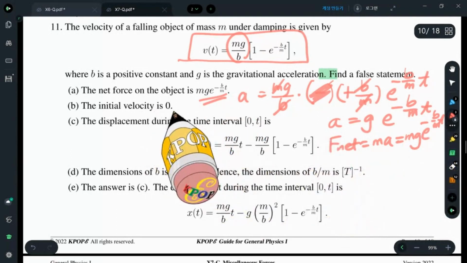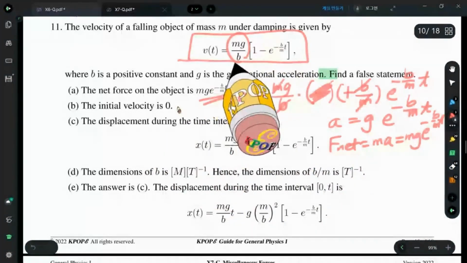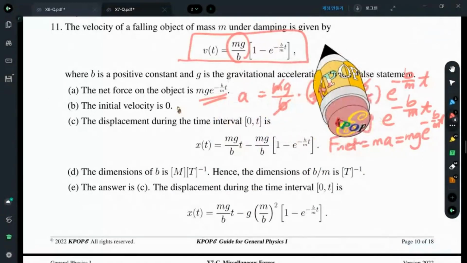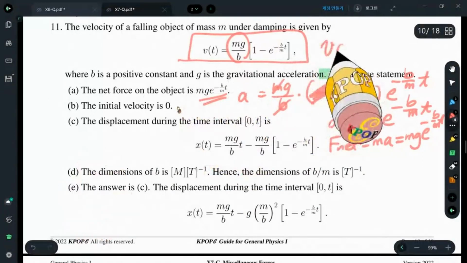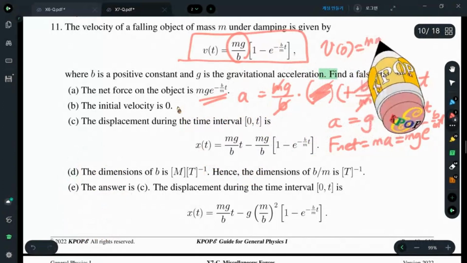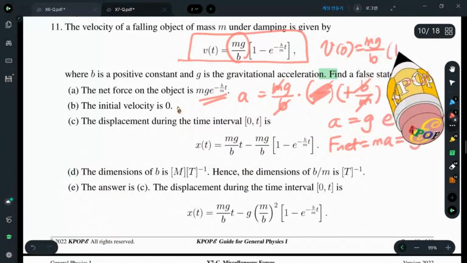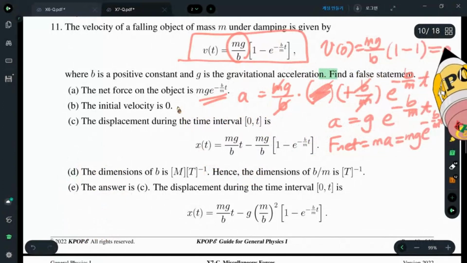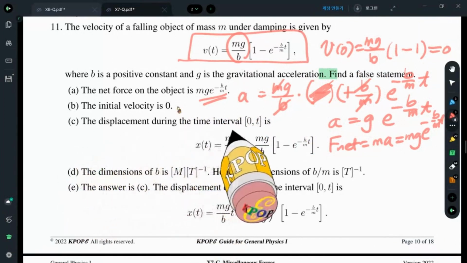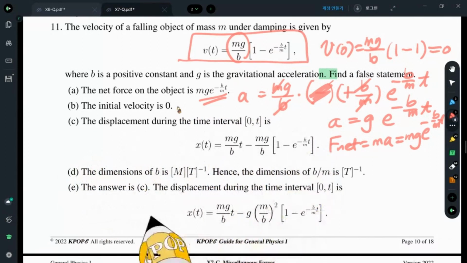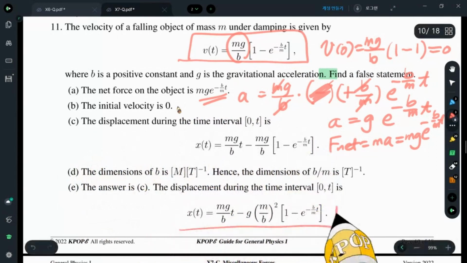Initial velocity is 0. If I substitute t equals 0, v0 equals mg over b times 1 minus 1 equals 0. Right. Displacement during the time interval, so the correct answer is given here.